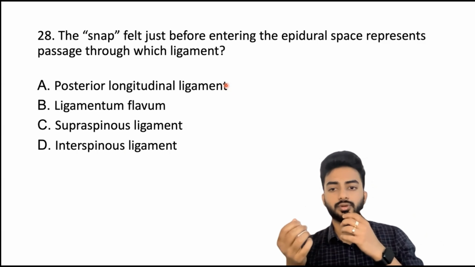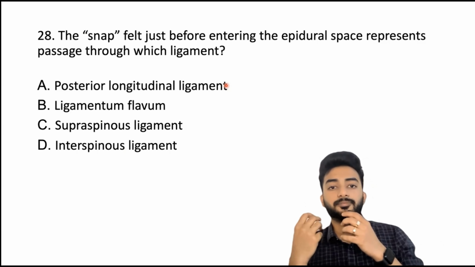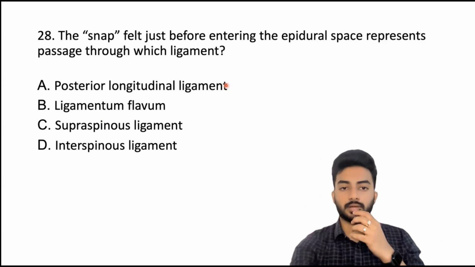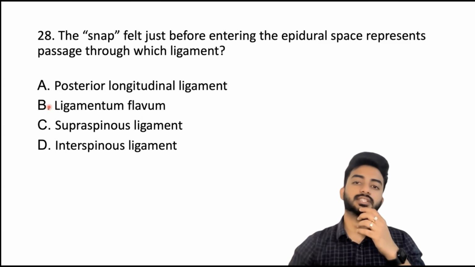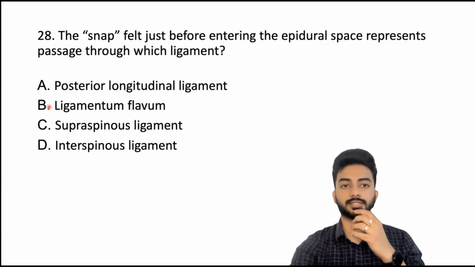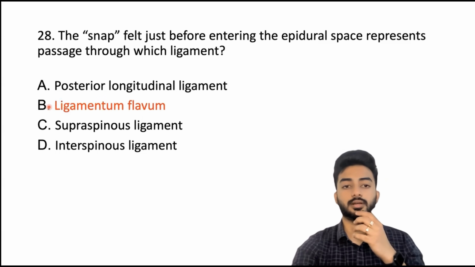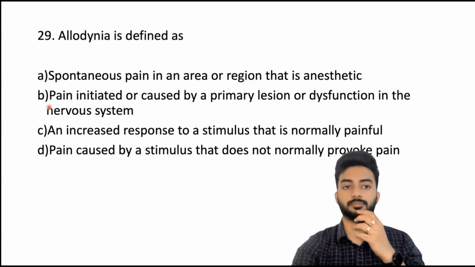The loss of resistance you get while doing an epidural. So that snap is felt in which ligament? It is a direct question, that is ligamentum flavum, because it is thick and it alone produces the snap before entering the epidural space. Answer is B, ligamentum flavum.